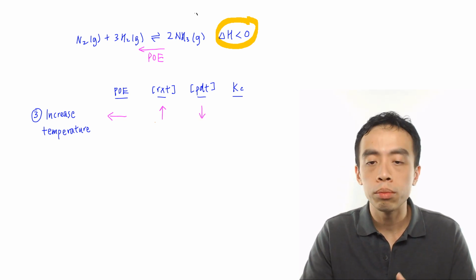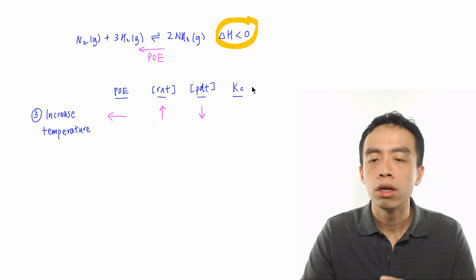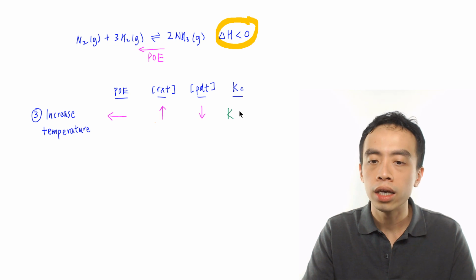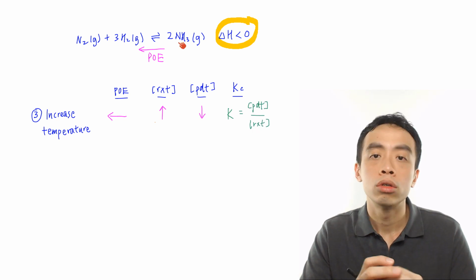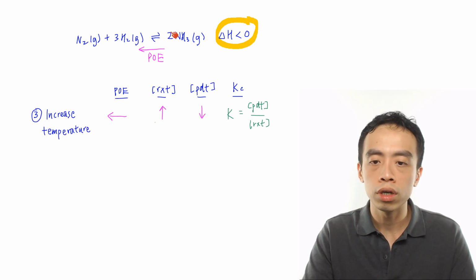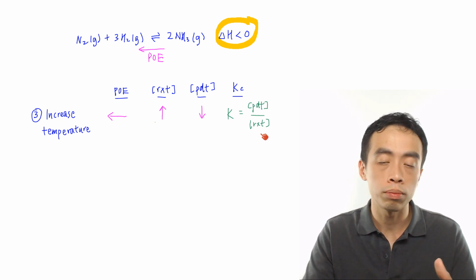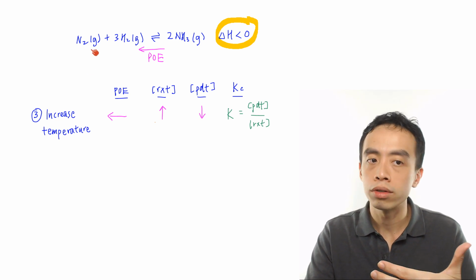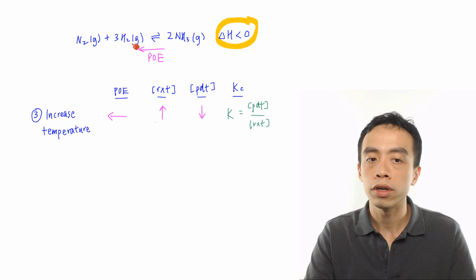Now when there's a change in temperature, Kc will be affected. So what we can do is use a very simple expression involving K. K is a ratio of product to reactant. So we don't want to be too bothered about the coefficient term, because if I want to express Kc properly, I will write it in terms of concentration of ammonia squared divided by concentration of N2 and concentration of H2 to the power 3.